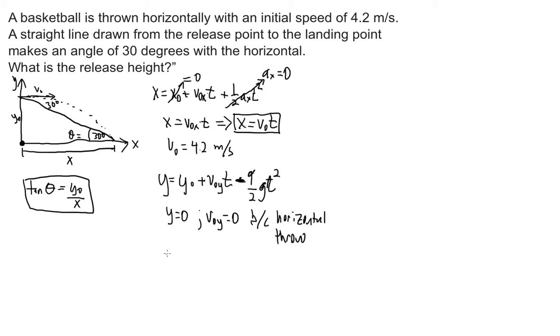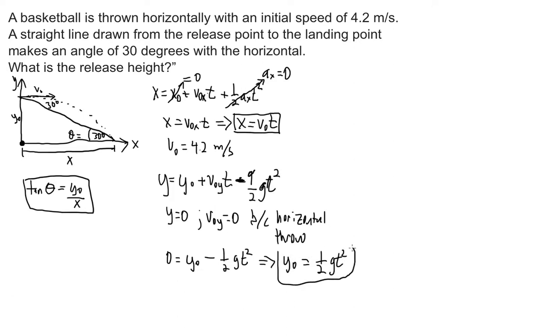So given this, we get the expression that 0 is equal to y0 minus 1/2 gt squared. And from there, I can solve this to figure out what y0 is. So y0 is equal to 1/2 gt squared.